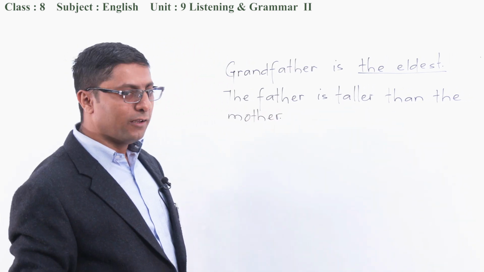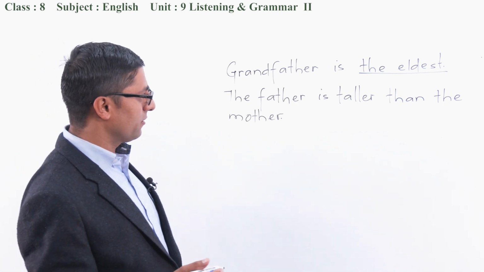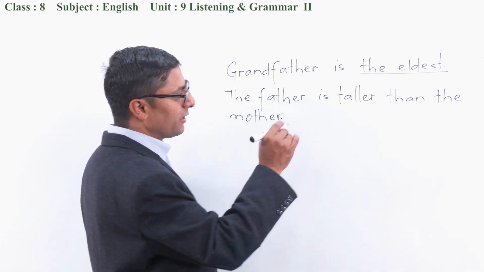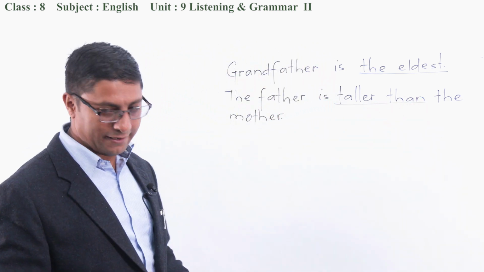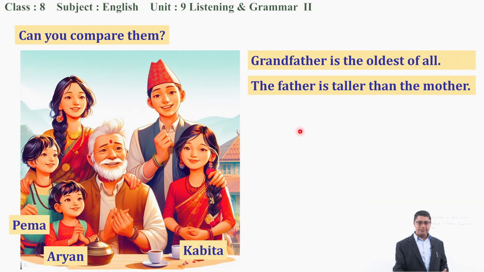So here you compared father and mother. As you have compared between two members, you use the comparative degree, taller than. That's very good. So the father is taller than the mother.